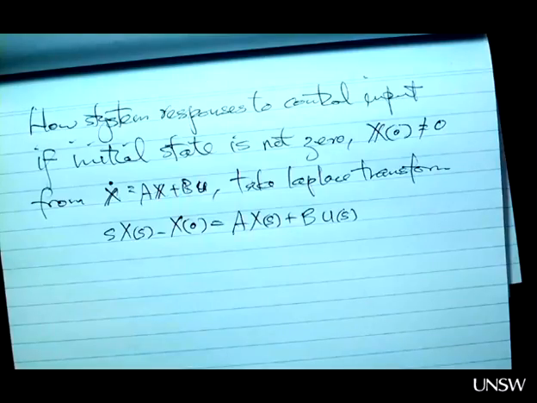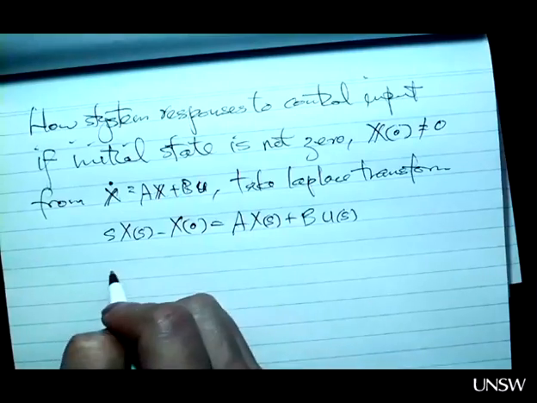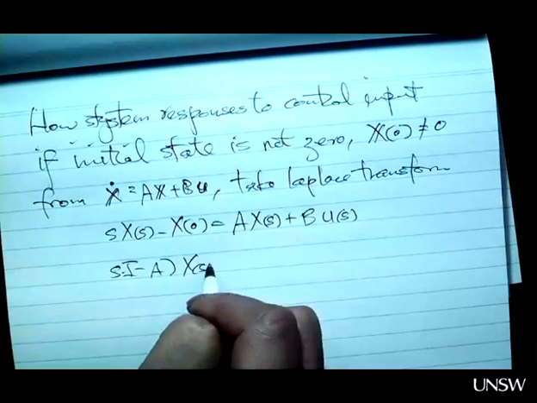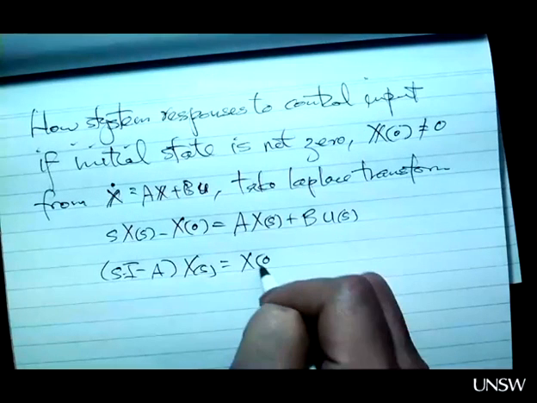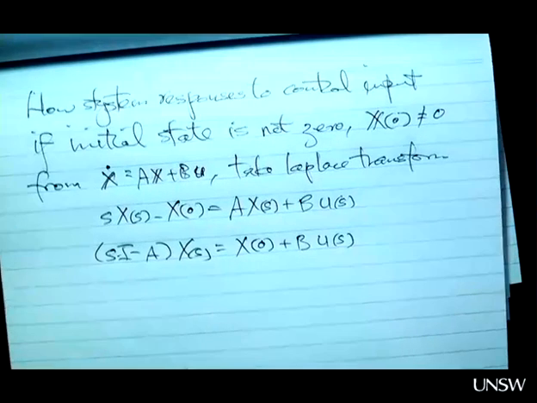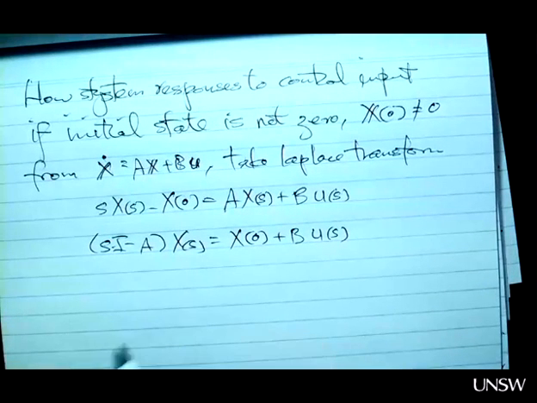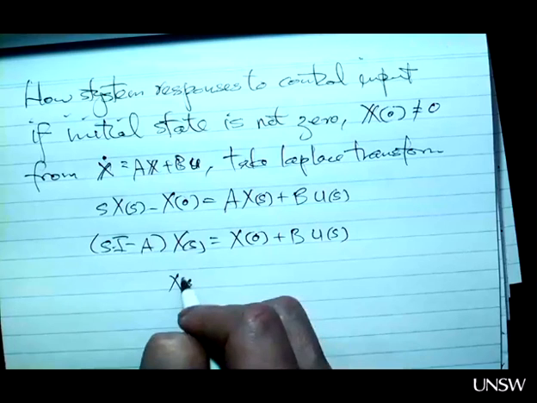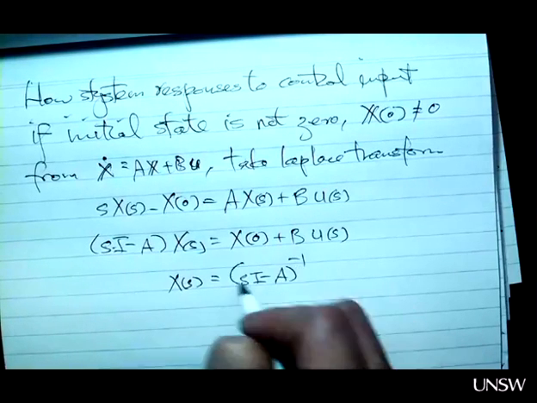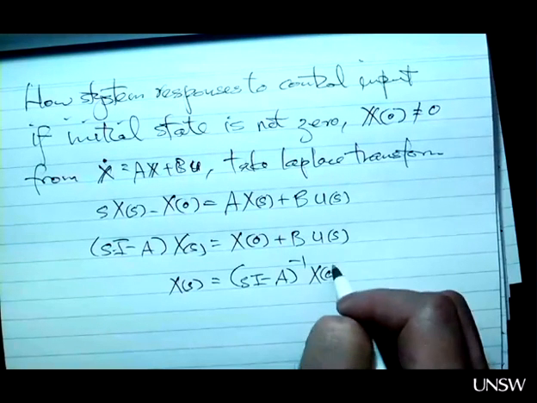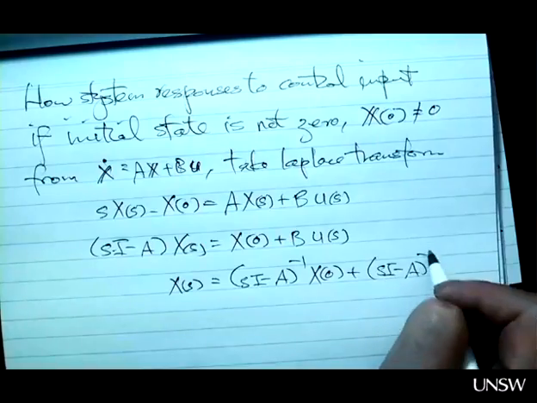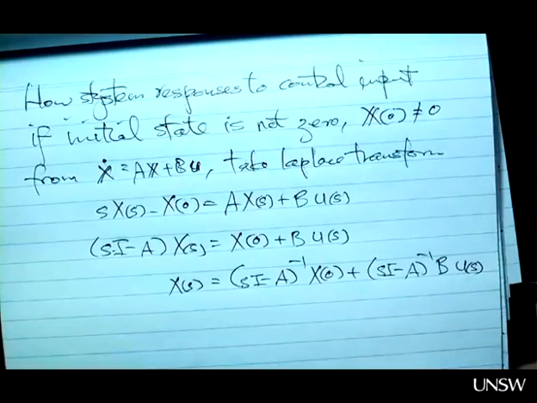Then we have (sI minus A)X(s) equals x0 plus BU(s). So the response is (sI minus A) inverse times the initial state, and then the response due to input.